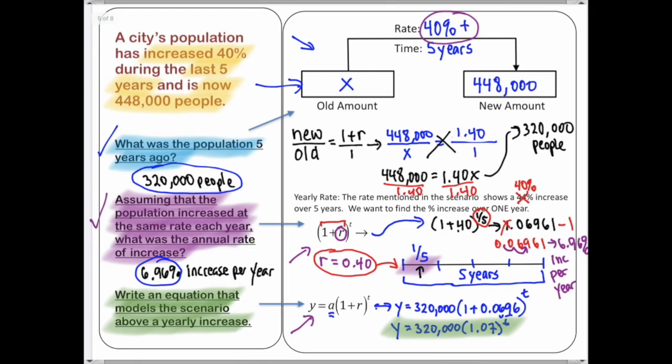That is the equation we're going to use to predict any year from the starting amount, whatever it was 5 years ago, which we know is this guy. Whatever year we drop in for t, we're going to be able to find the amount of people in the city's population. So that's how we do our first one, that type of scenario, and I'll meet you in the second example.